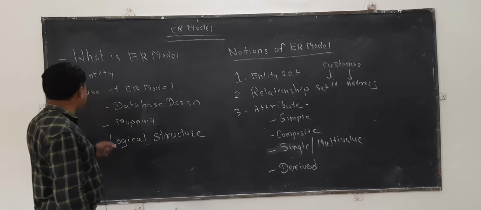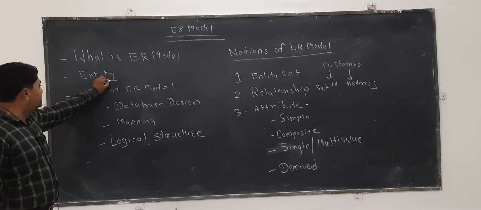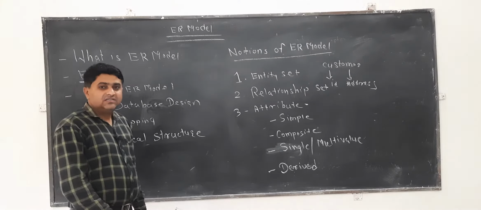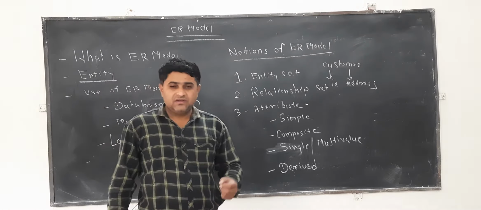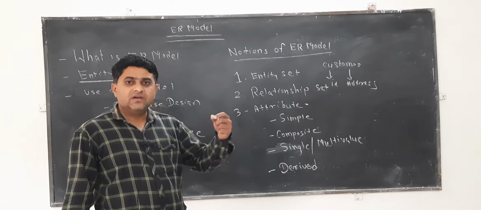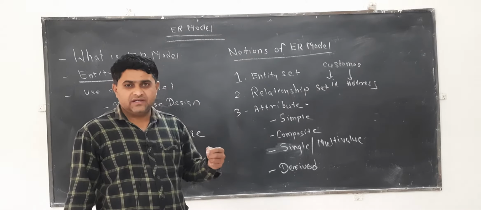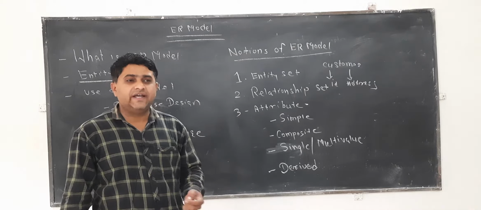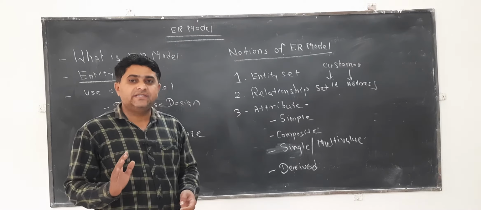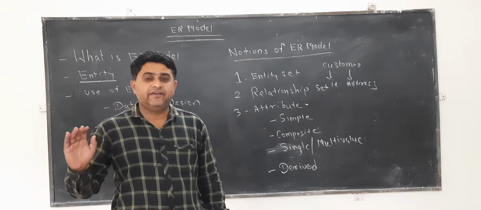Next point is, what are entities? An entity means one single thing, or a real world activity, a real world thing. A simple example of an entity is a customer ID.